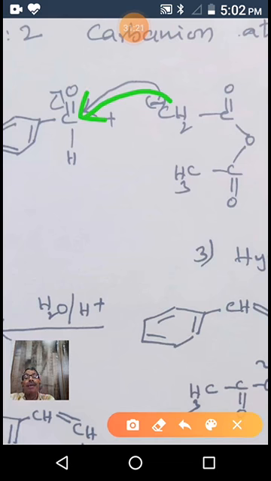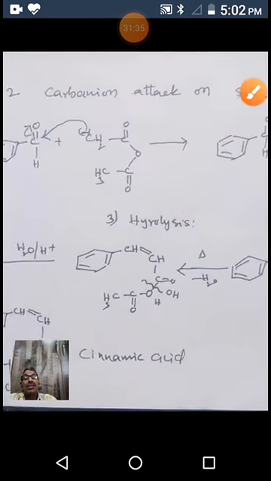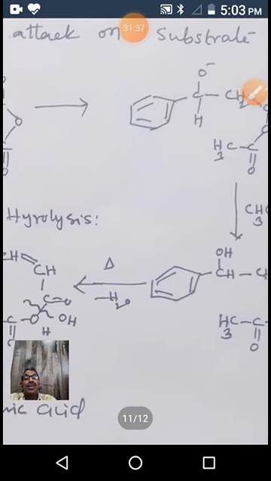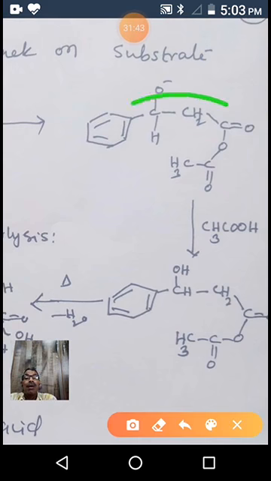Why this carbon? This carbon is electrophilic in nature because of oxygen's high electronegativity; the pi bond delocalizes towards oxygen. Then this structure forms, you see. A new carbon-carbon bond is formed.